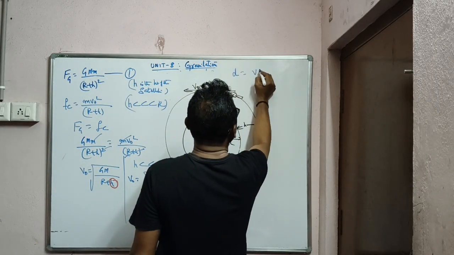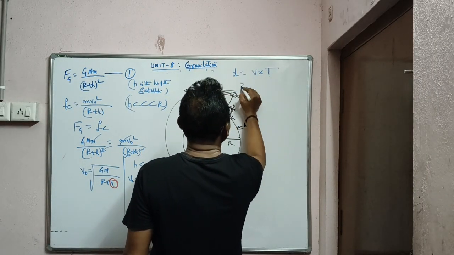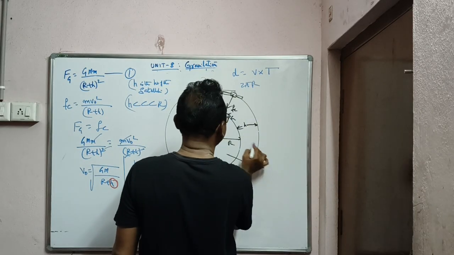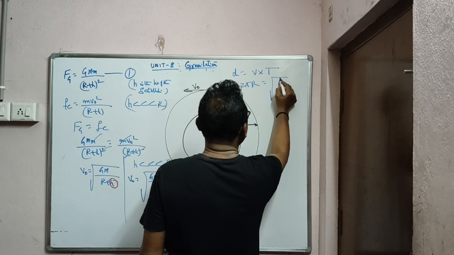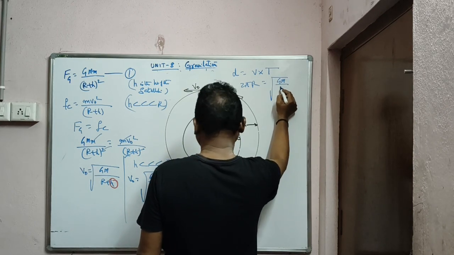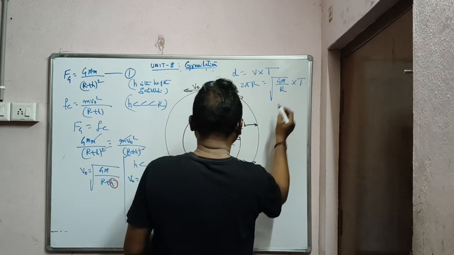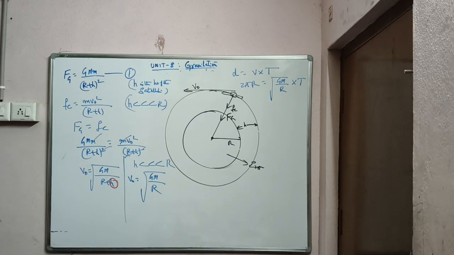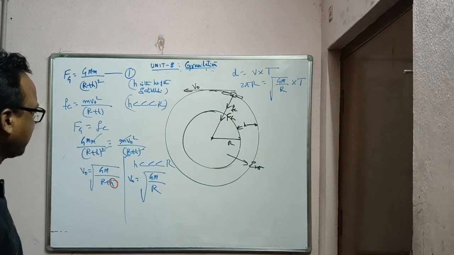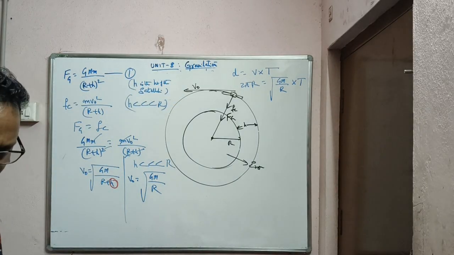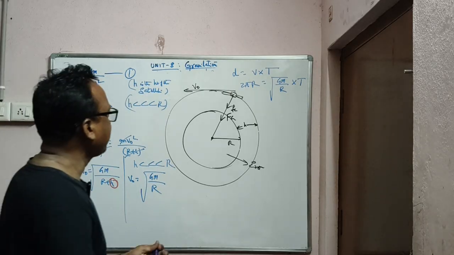Distance is equal to speed into time. Distance, the 2 pi R circumference, is equal to horizontal speed, root over GM by R, into T. Are you following? No change please. Distance for 1 revolution is equal to horizontal speed, root over GM by R, into time period.